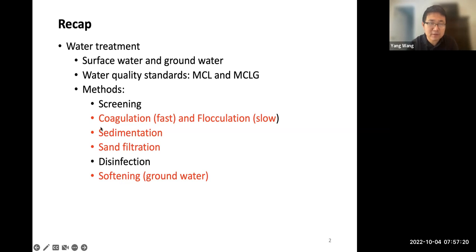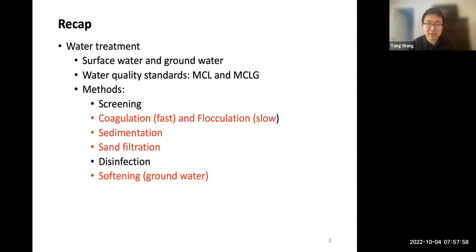It doesn't matter if the water treatment plant didn't reach that target. Then we discussed different types of water treatment methods: screening, coagulation, flocculation, sedimentation, sand filtration, and disinfection. For underground water, you have the softening process. The top five are ranked by their sequence. Screening removes the larger chunks of materials. Coagulation and flocculation change the very small particles in the colloid or turbid water into larger chunks so that they can settle down.